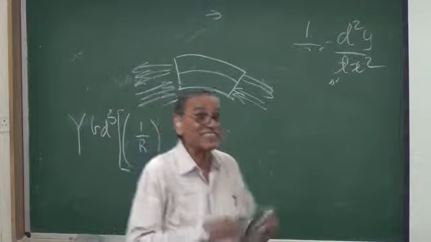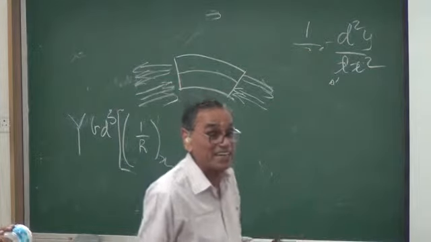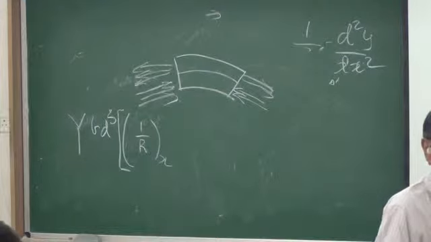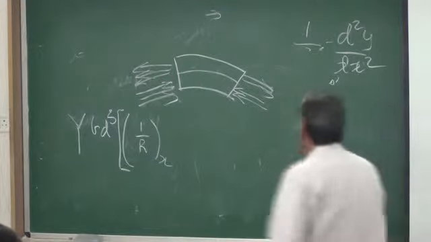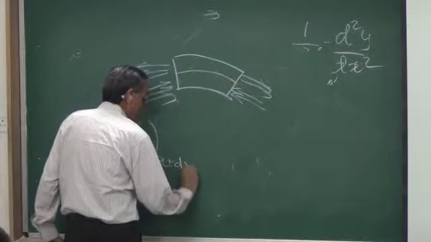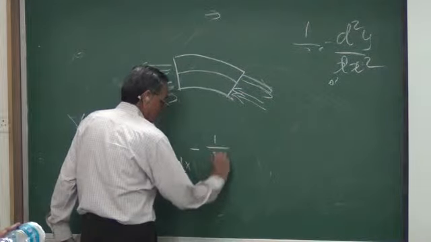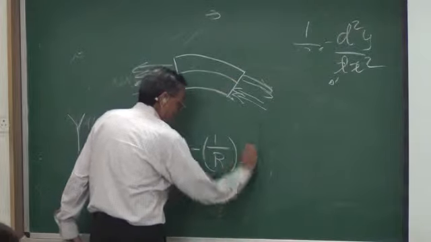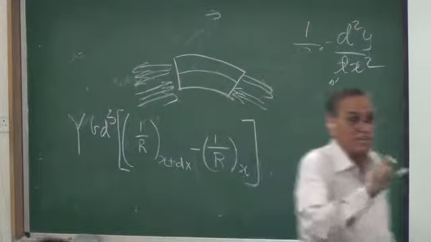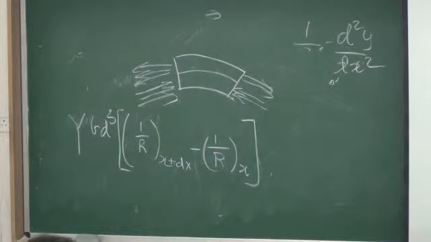The other section is just at x plus dx. If it is non-uniform bending, R will be different at x plus dx. So it will be 1 by R at x plus dx minus 1 by R at x. That will be the net bending moment on this small element, because the two couples are not equal, so it is not uniform bending.